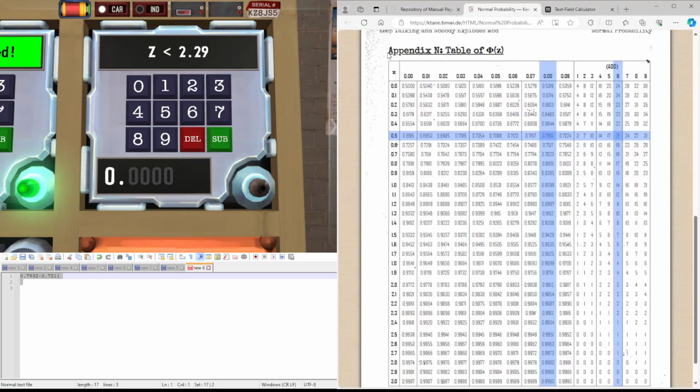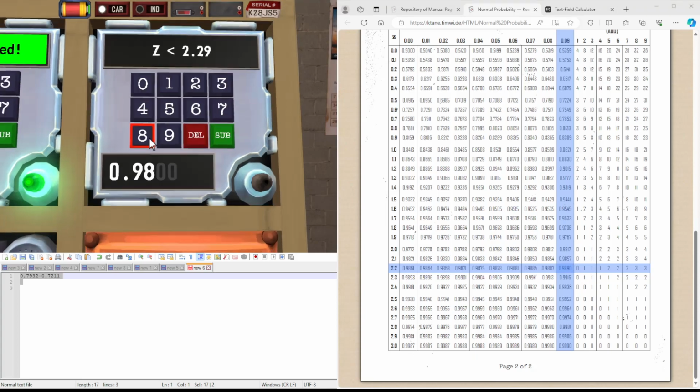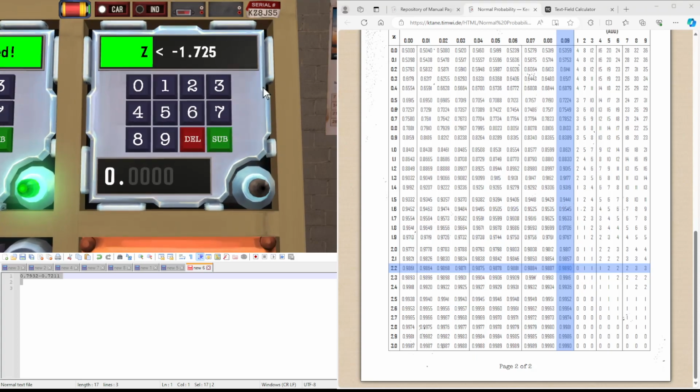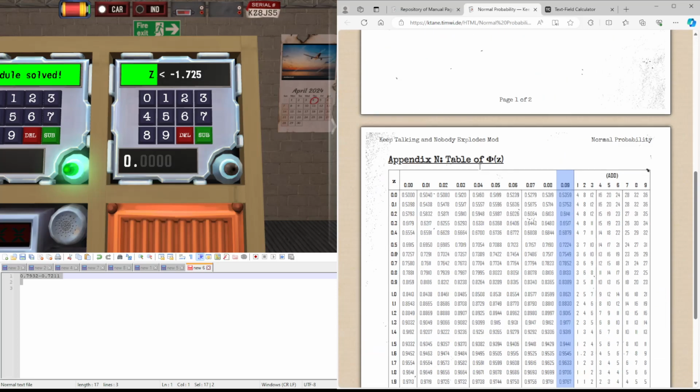First stage, pretty simple. Just reading out of a table. 2.29, 2.20, 0.09. We get 0.9890. In this case, we have less than again.